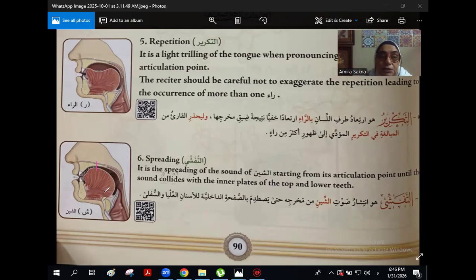There is vibration here because the vocal cords come together and are not opened. While with a Hams letter, like shin, put the 3 fingers also here, where we have the vocal cords. Do you feel any vibrations here? No. So the sound of any mahmous letter, any whispered letter, starts from its articulation point, not from the vocal cords. Okay? Fine.